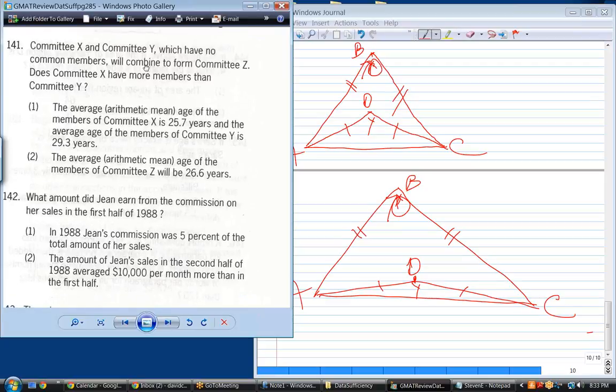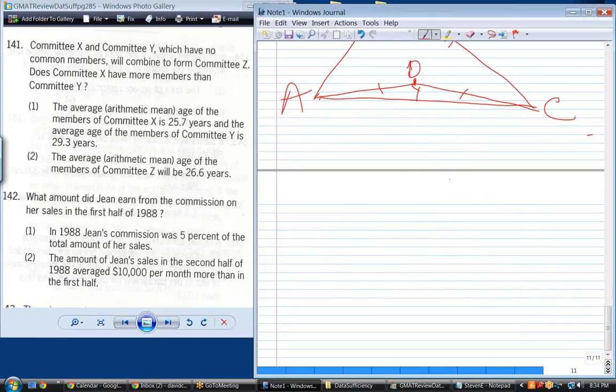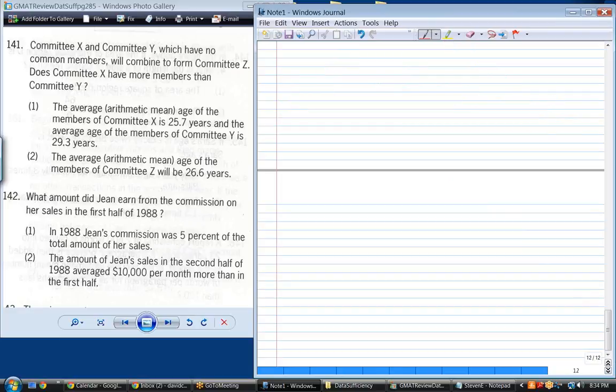Next one is: Committee X and Committee Y have no common members, and the two committees will combine to form Committee Z. Does Committee X have more members than Committee Y? One alone is not sufficient.